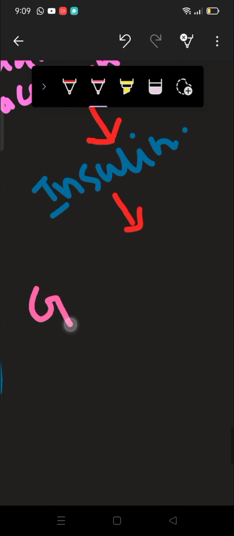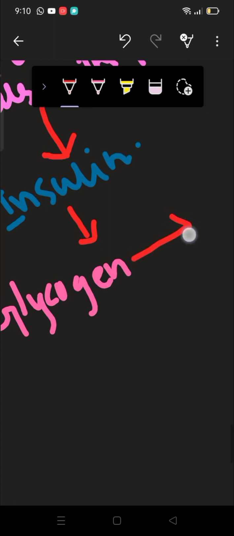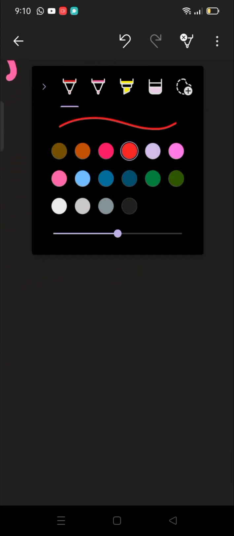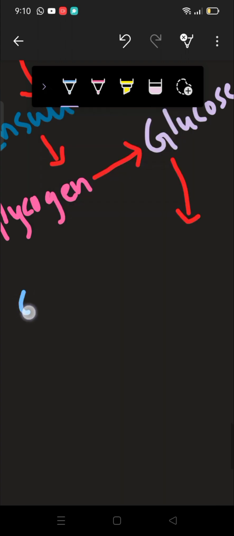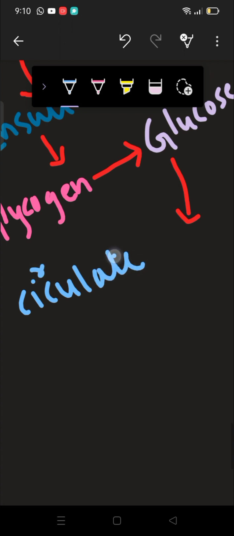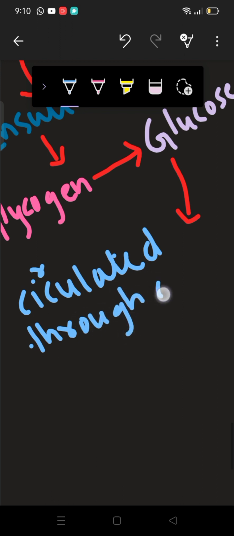So glycogen would be converted into glucose, and then this glucose will be ultimately sent throughout the body, or circulated throughout the body.